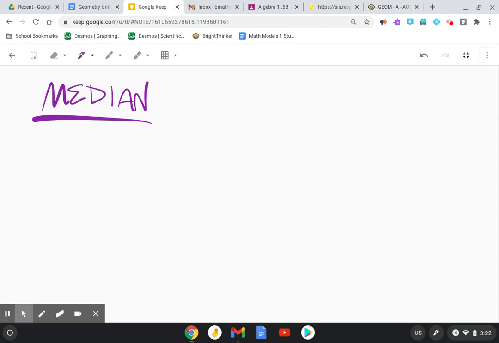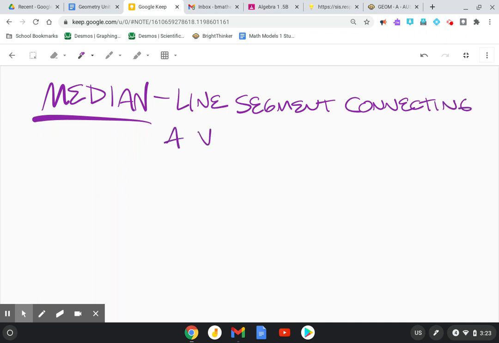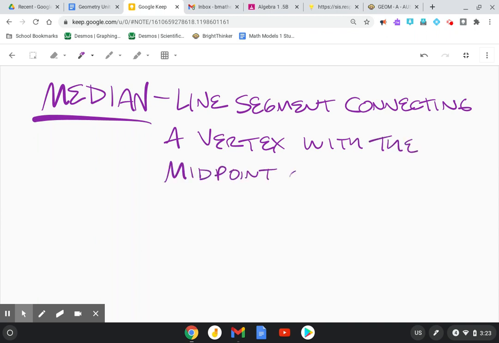So the median of a triangle is the line segment connecting a vertex with the midpoint of the opposite side.